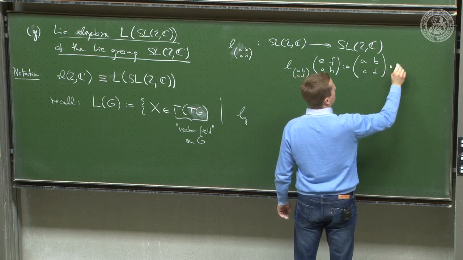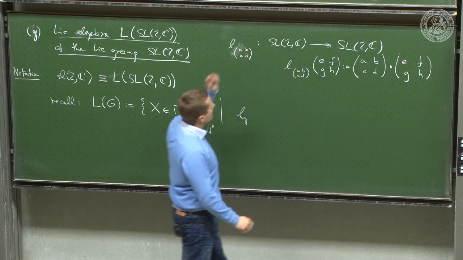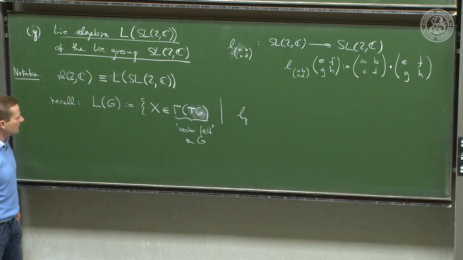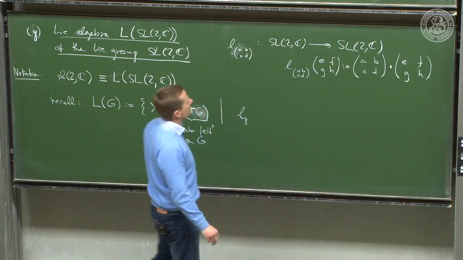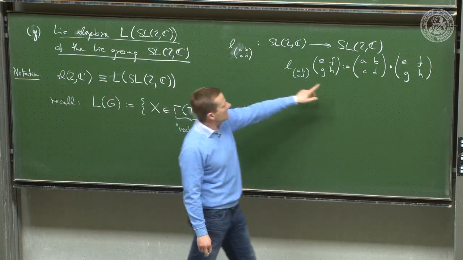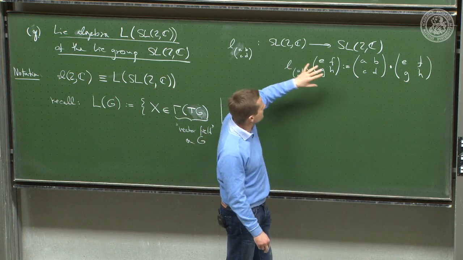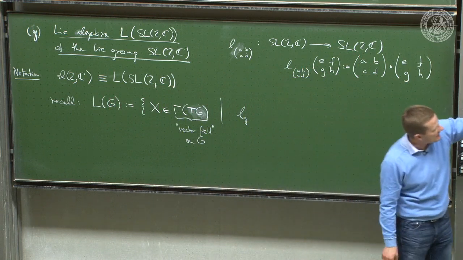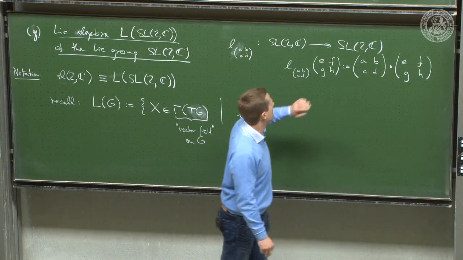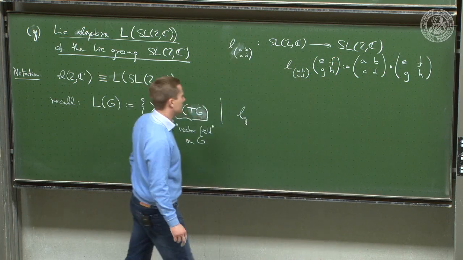That's the point, so use the group operation. This map is called the left translation. But then you have a map from a smooth manifold to a smooth manifold. It is, after all, part of the mu map because you fix one entry, but you can show by virtue of the definition of the atlas on the Cartesian product that this also is a smooth map from SL2C to SL2C.